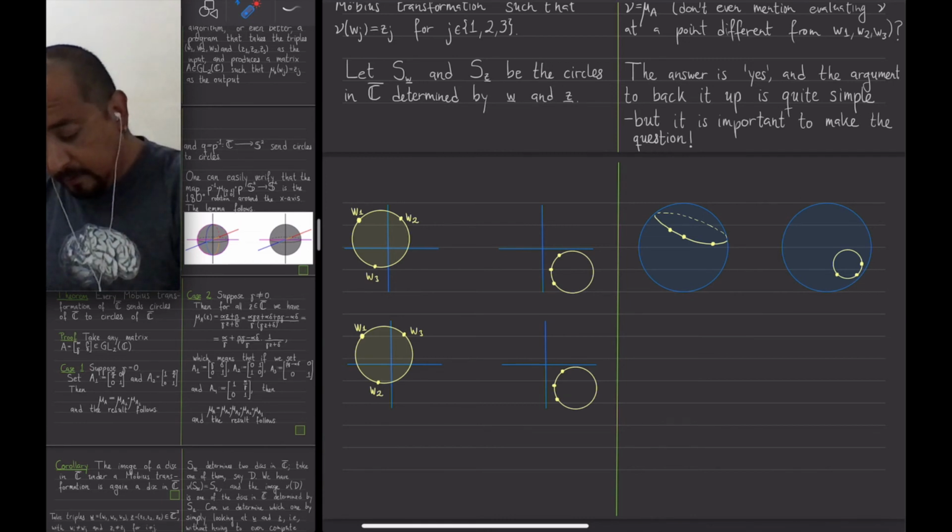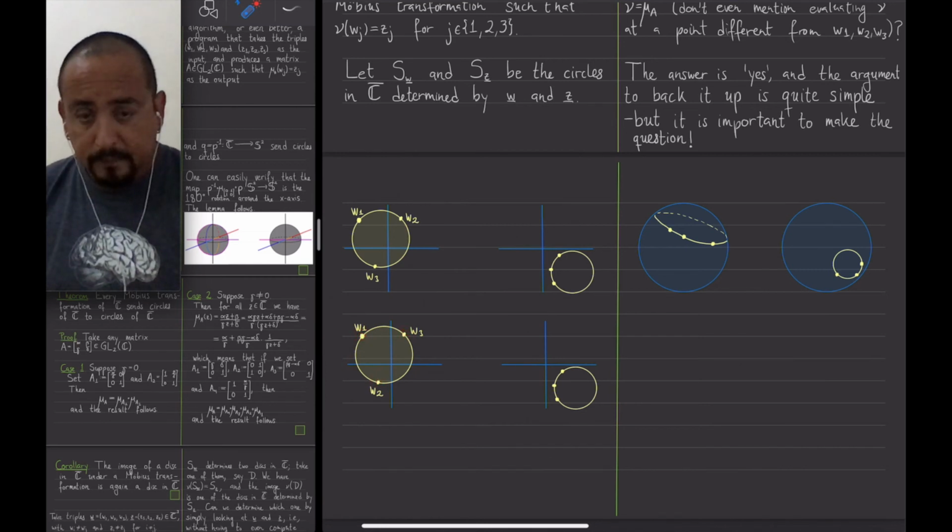So for instance, in this case, we would have to traverse the circle in this direction in order to pass through the 3 points in order, whereas in this other situation, we would have to traverse the circle in this direction in order to pass through the 3 points in order.